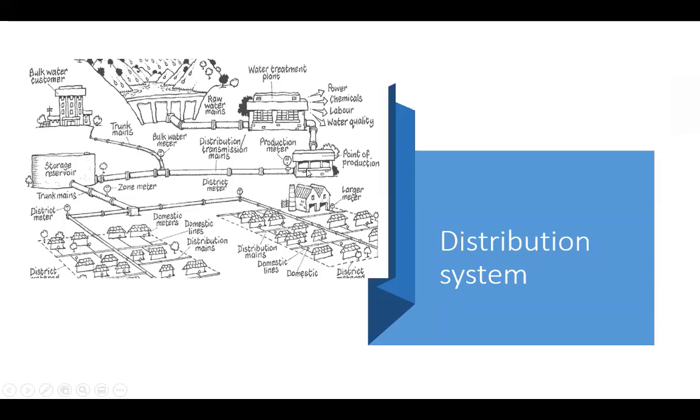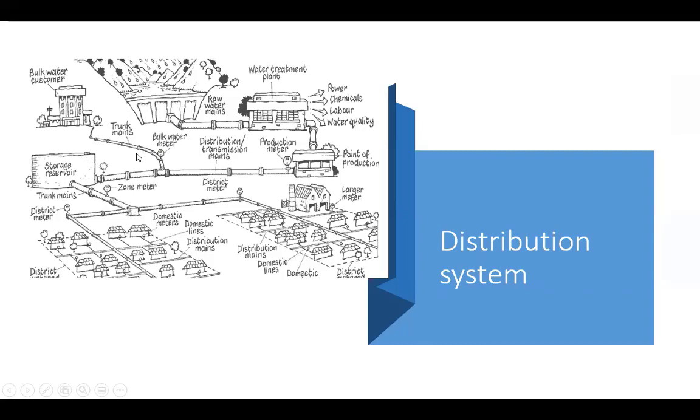a distribution main. So the water goes from the treatment plant often into a storage tank. So for instance, in Michigan State, we have that new elevated storage tank. The water goes from the treatment plant out into the elevated storage tank, and then from elevated storage, it is distributed to campus. So then we have a distribution transmission main.